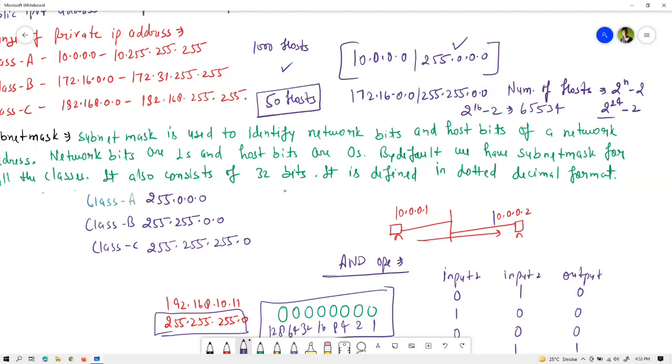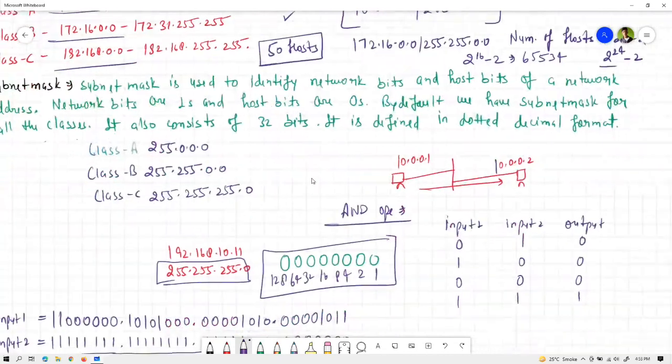If we don't have that big a requirement which can be fulfilled by these default network addresses and their subnet masks, we can break them into small networks, into small subnets, and the process is called subnetting. So subnetting is used to break a big network into small subnets so that we can utilize them according to our requirement.